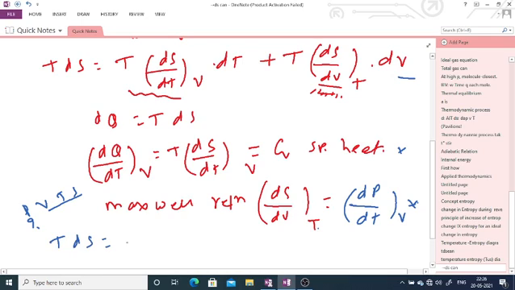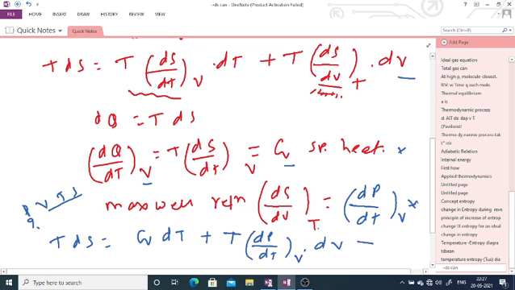TdS is equal to dq/dT at constant V, which is equal to Cv, that is, T into dS/dT at constant V is equal to Cv. So we get Cv dT plus T dS/dV at constant T is equal to dP/dT at constant V into dV.